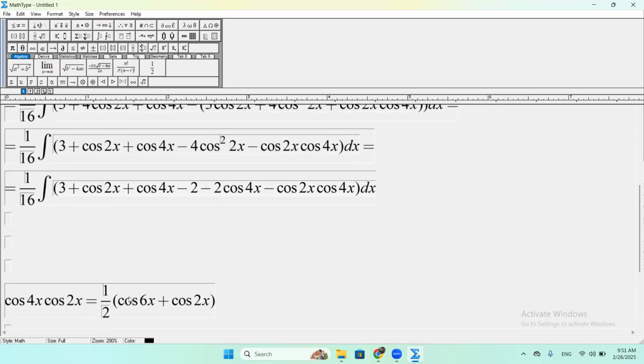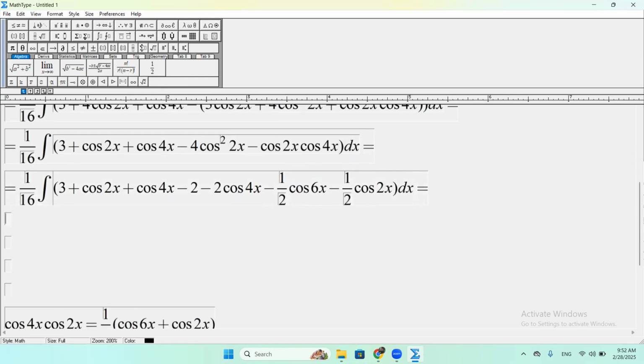And here, okay, minus 1 over 2 cosine of 6x minus 1 over 2 cosine of 2x. So finally we have the sum. Let's write it in a more compact way. And then we will integrate.